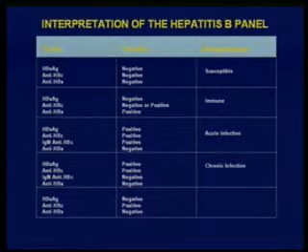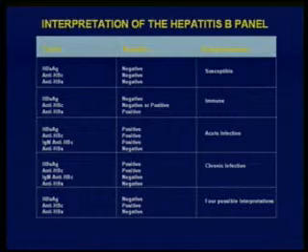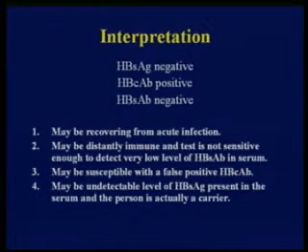But to make your life even more confusing, here's a fourth category: surface antigen negative, anti-hepatitis B core positive, and surface antibody negative. What does that mean? Four possible interpretations. Perfect day, right? That's when you get your book out and call your buddy and ask, what could it be?